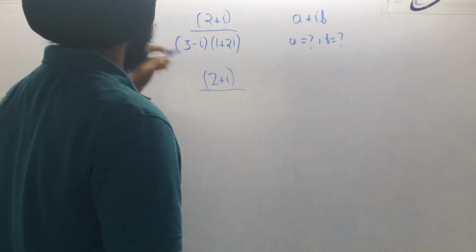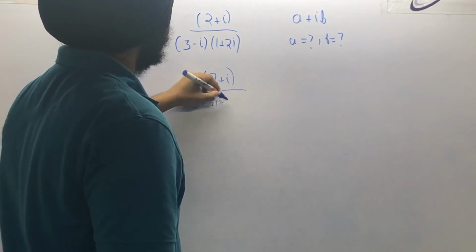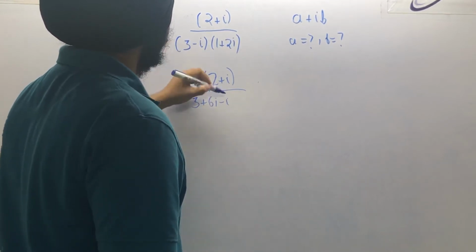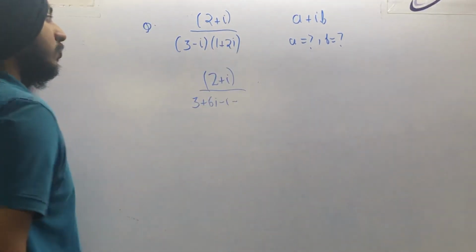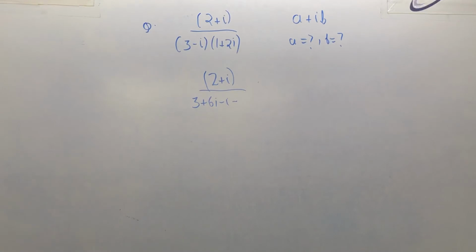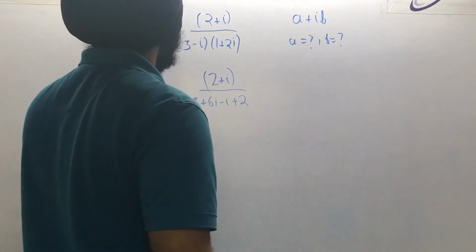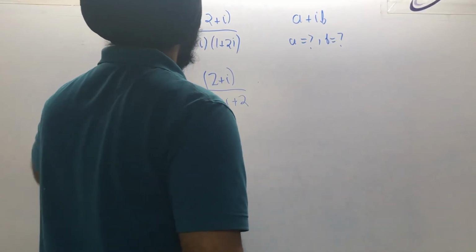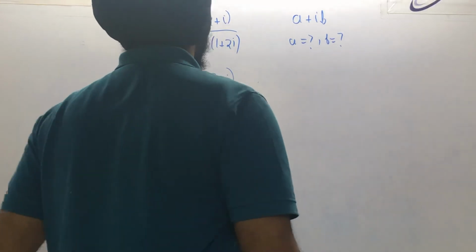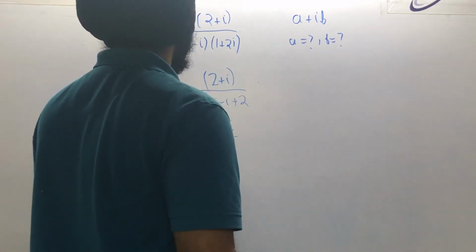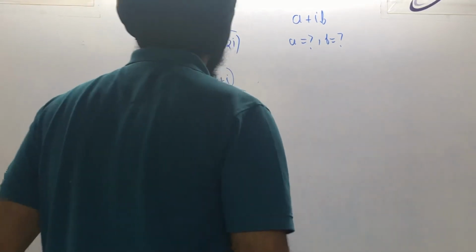So this will be 3 plus 6 iota minus iota minus iota into 2 iota. So iota into iota is minus 1, so minus minus plus. So 2 plus iota upon 5 plus 5 iota.